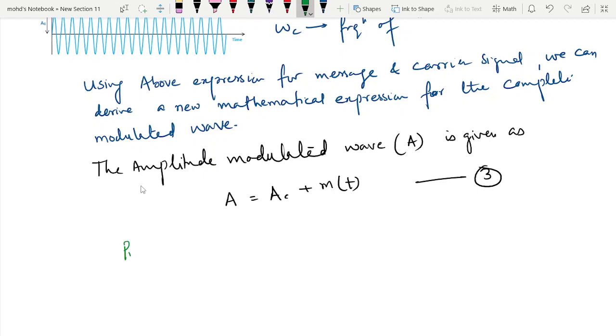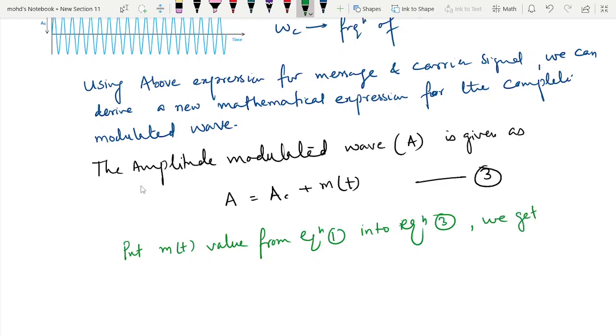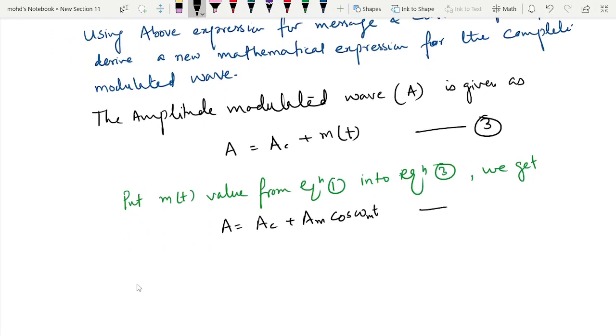Now put the m(t) value from equation 1 into equation 3, then we get A = Ac + Am cos(ωm t), and let's say this is equation 4.